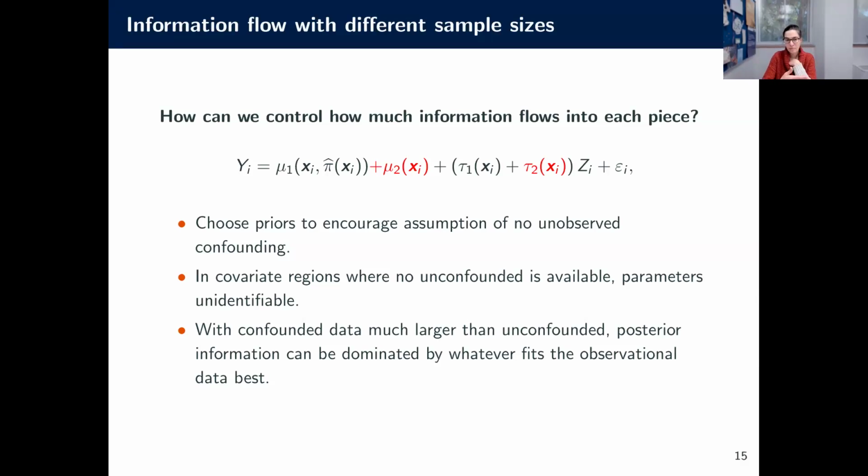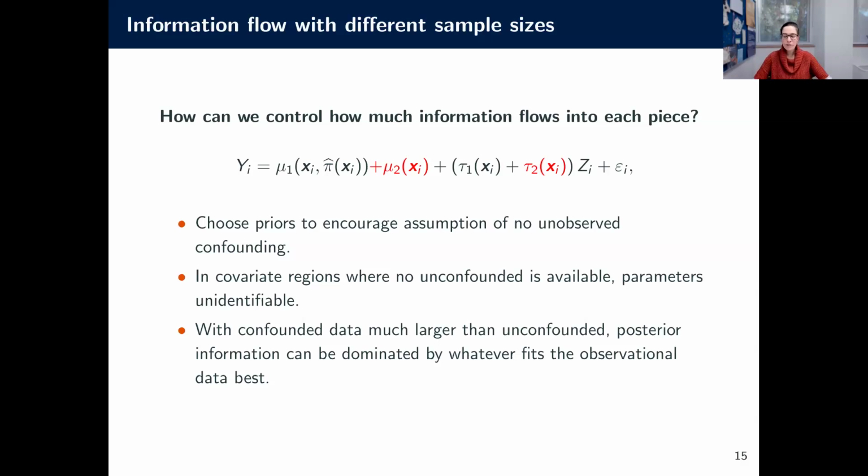What could happen in there? If you have 1 point coming from your experimental data and 9 from your observational, that observational data will completely drown out any sensible information coming from your experimental data. So we need to be really careful in how we decide whether to say, oh, I think they're in agreement.